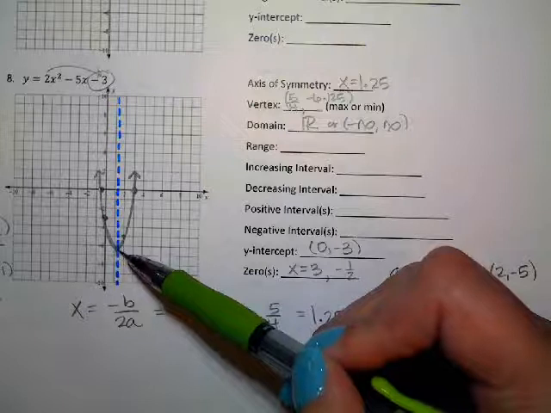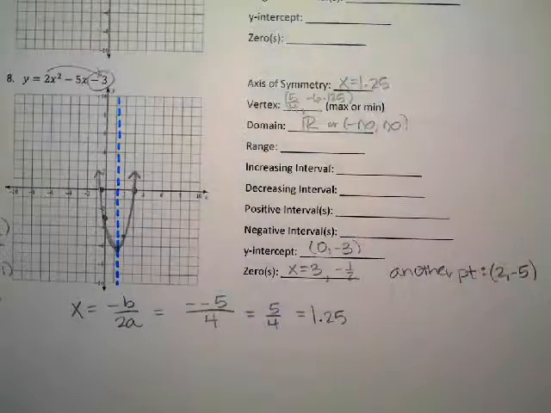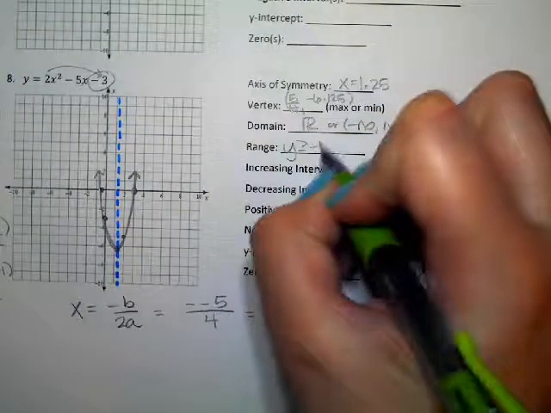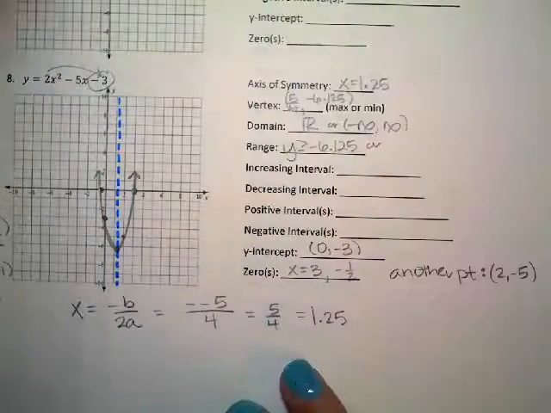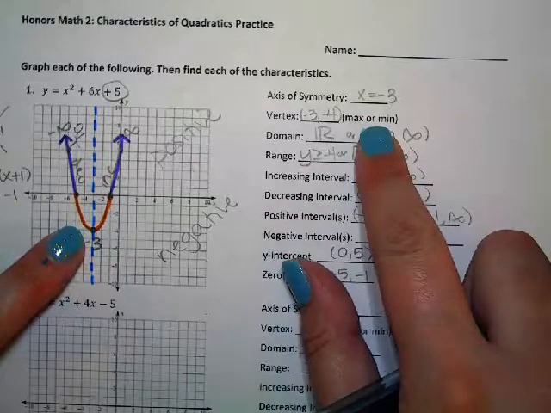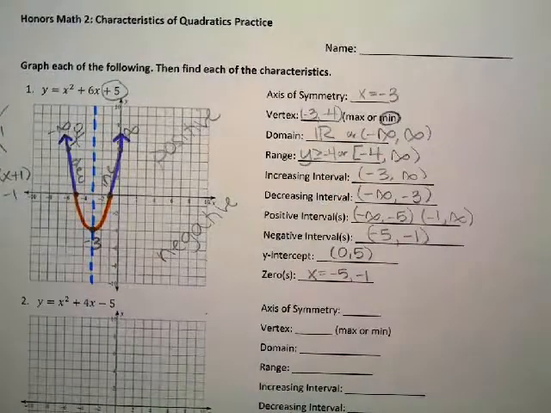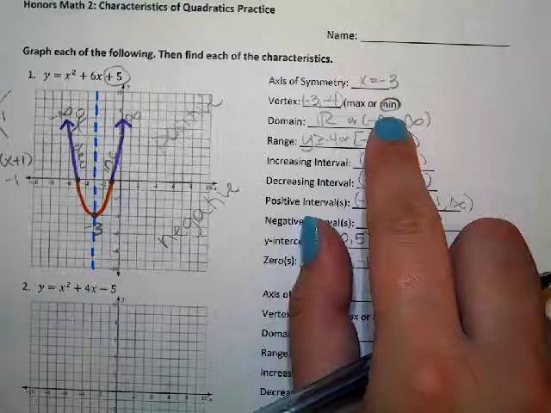Was it a max or a min? Minimum. Okay. Is this vertex a max or a min? Min. Yeah, notice the range. It's not just negative 6, it's 6.125.